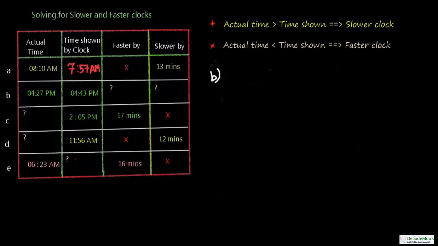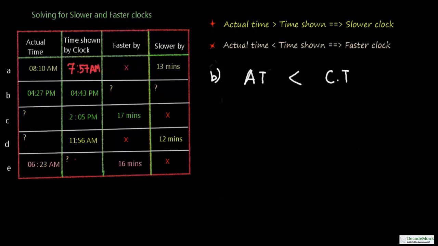4:27. The hours are the same, but the minutes are different, and the time shown by the clock shows a greater number of minutes, 43, which is greater than 27, and hence we can say that the time shown by the clock is more than the actual timing. So the clock timing will be put on the right hand side.